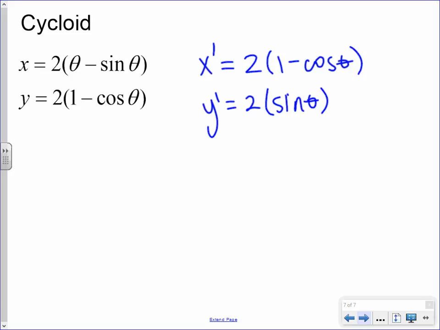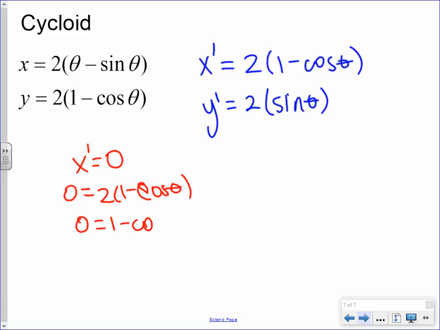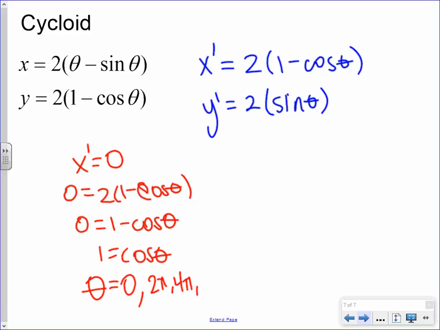Okay, so we need to figure out, are these simultaneously 0? So when is x prime equal to 0? If we divide by 2, we have 1 minus cosine of theta. So essentially we want to know, when is cosine equal to 1? 0, then 2 pi, 4 pi, etc.